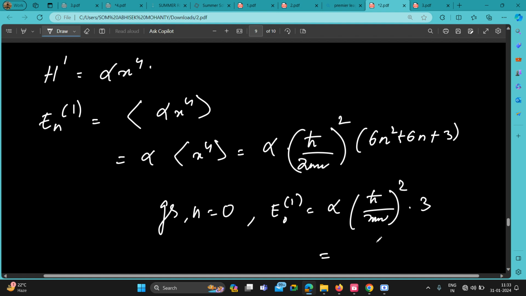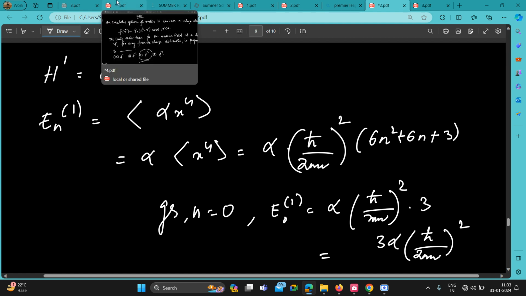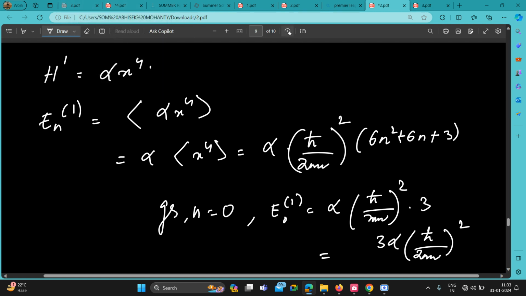Is that right? 3 alpha h squared by 2m omega square. That is the answer.